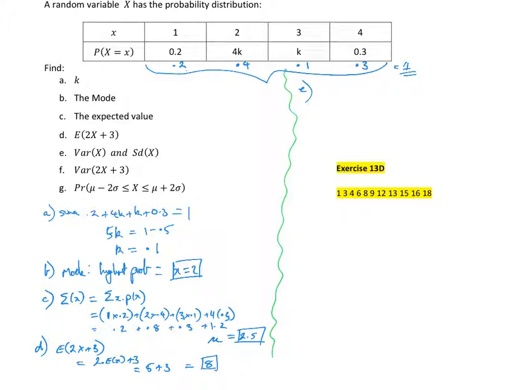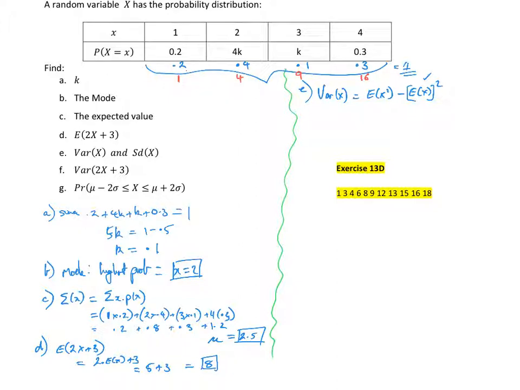Come up here to E, the variance of x and the standard deviation. I know that the variance of x is equal to the expected value of x squared minus the expected value of x, all squared. I've already worked out the expected value of x, it's 2.5. So now I need the expected value of x squared. On my distribution, I might put the x squared values, which are 1, 4, 9, and 16.